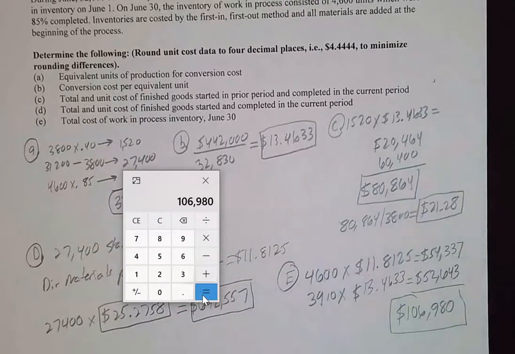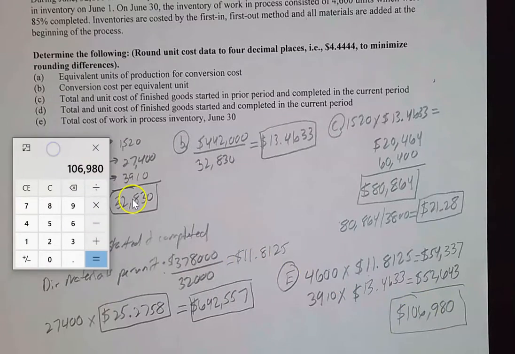Now I want to show you something. If you wanted to check your math, what you could do is take this 106,980 here and add to it the 692,557. Okay, why did that not work?